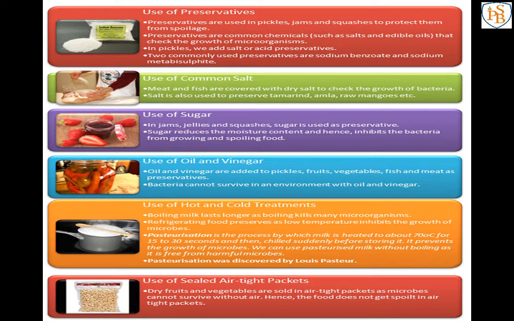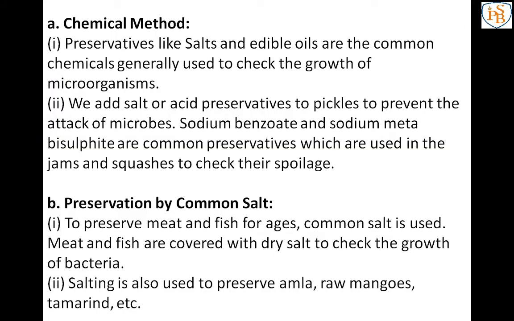The first one is the use of preservatives. I have given here in brief which preservatives we are going to use to preserve food. Whatever chemicals we use to protect our food from being spoiled are known as preservatives. The first method of preservation of food is the chemical method.